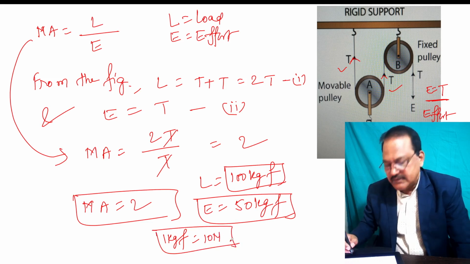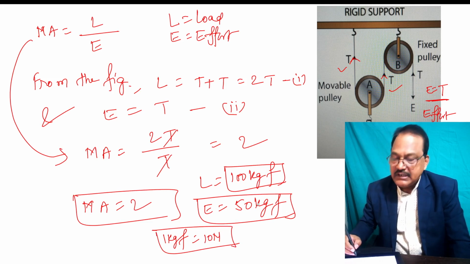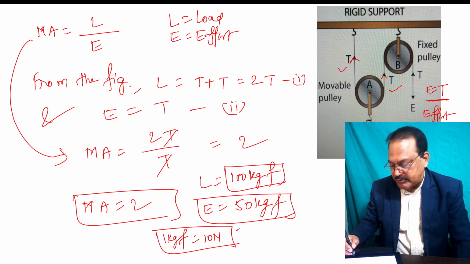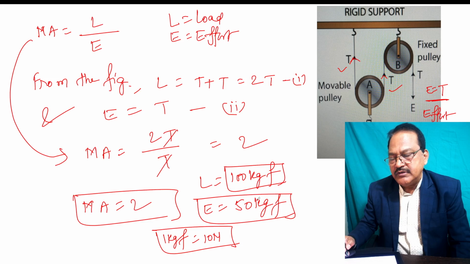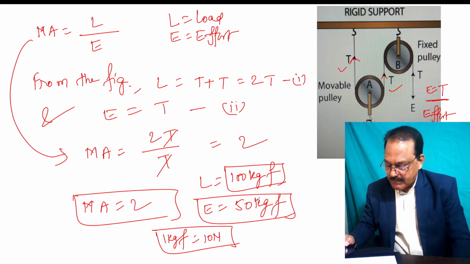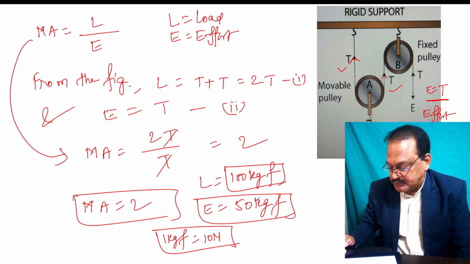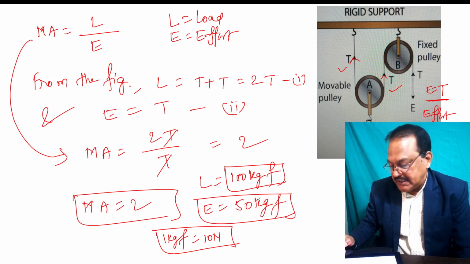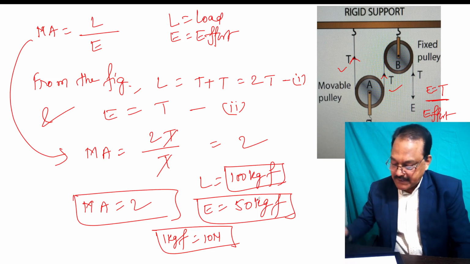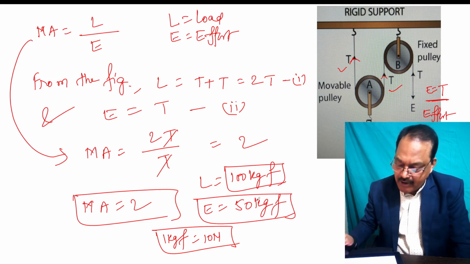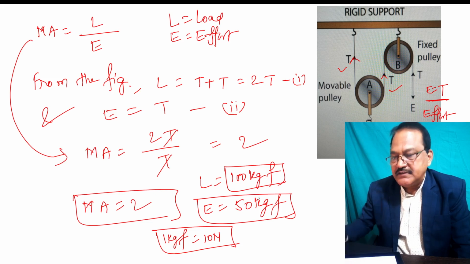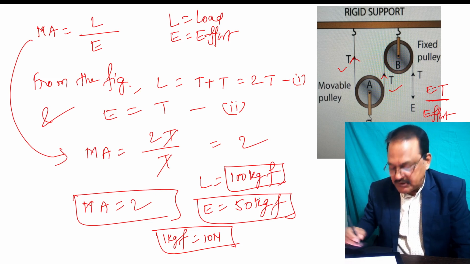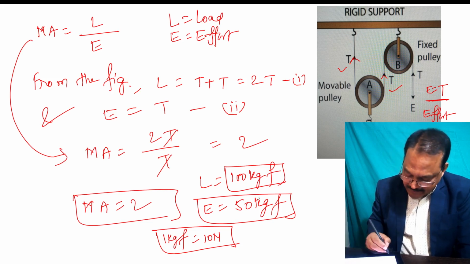If you want to convert the unit from kgf to Newton, what we have to do is just multiply by 10, so that the result comes out in terms of Newton. We must know how to convert the unit from kgf to Newton. So what we have calculated here is that the mechanical advantage of this combination of pulleys is 2. Okay, fine.